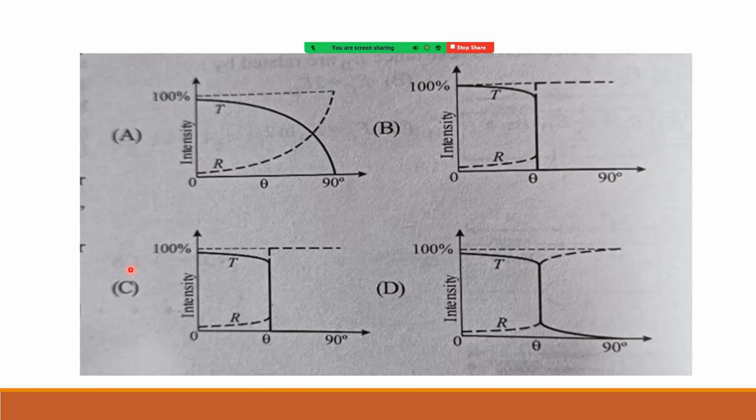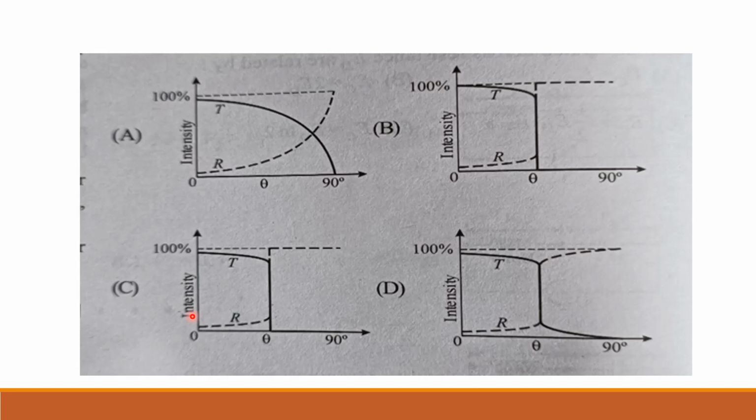So we have learned that for one angle of incidence, known as the critical angle, the light ray is grazing the surface, right? If the angle of incidence is slightly greater than c, the light is completely reflecting, no refraction. That is the key point to identify the correct graph among the given graphs.